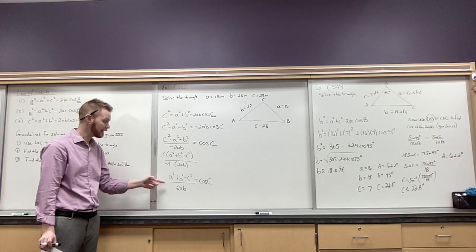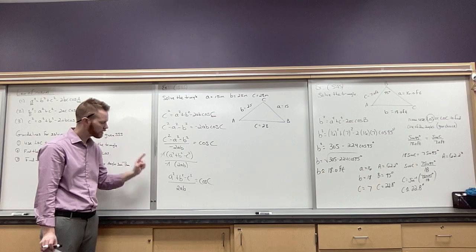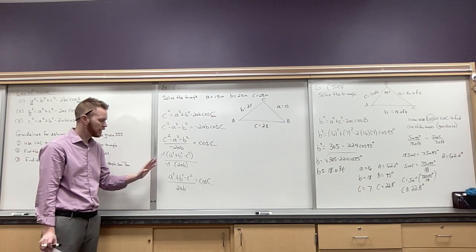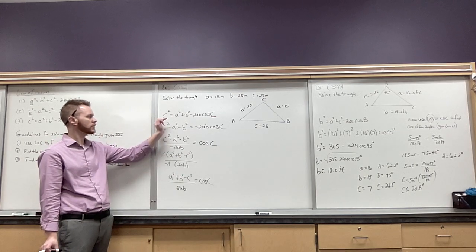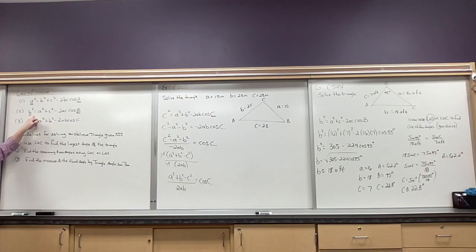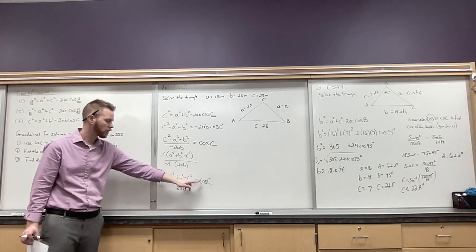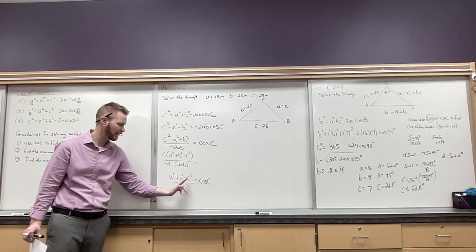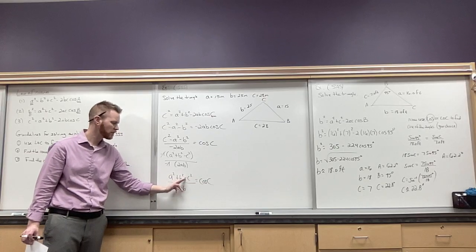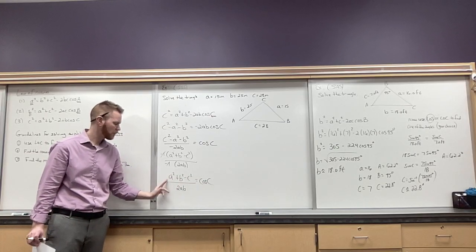Now, looking at this myself, I like this method just because here's the deal. If I use the second form of cosine and I want to solve for an angle, it's the same setup where the angle and the side that are across from each other, this is always going to be negative and the other two are going to be positive.